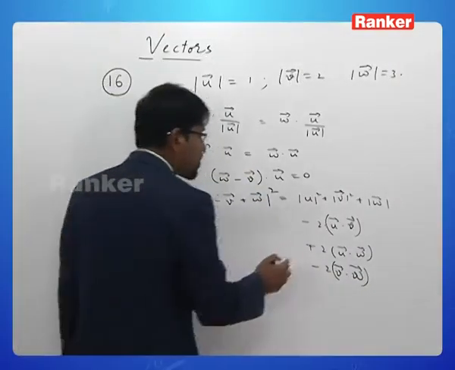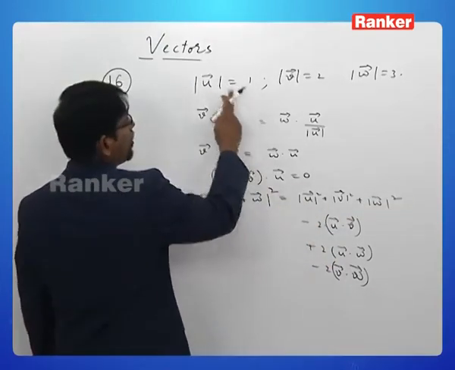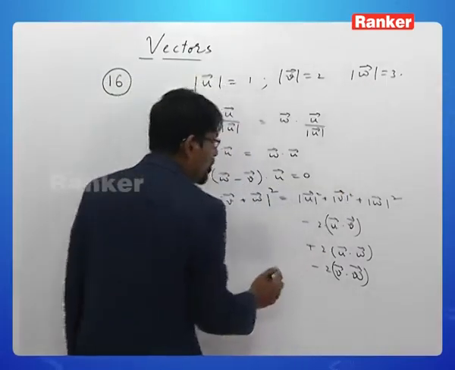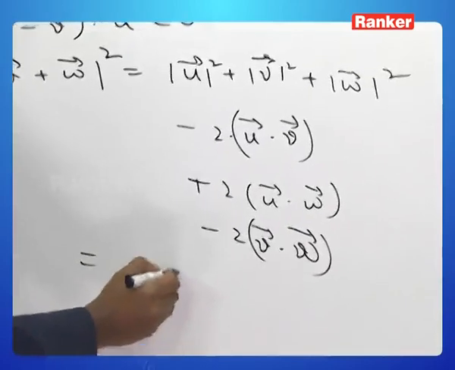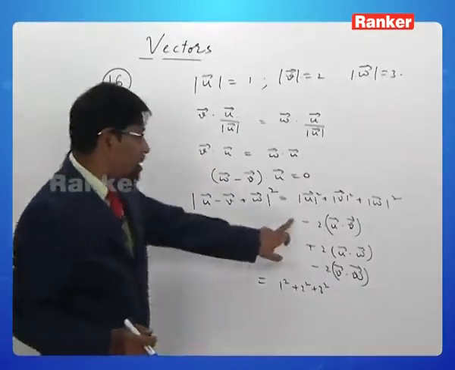Let's observe these things here. The magnitude of u square plus the magnitude of v square plus the magnitude of w square will be equal to 1 square plus 2 square plus 3 square. I say the rest of the terms are all 0.